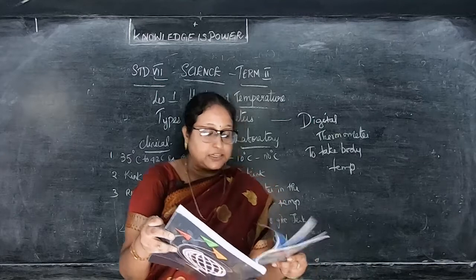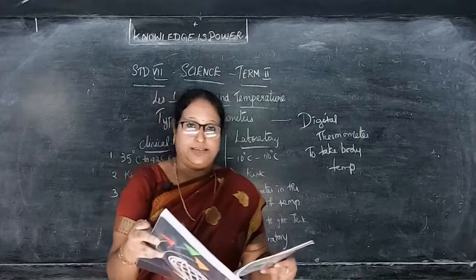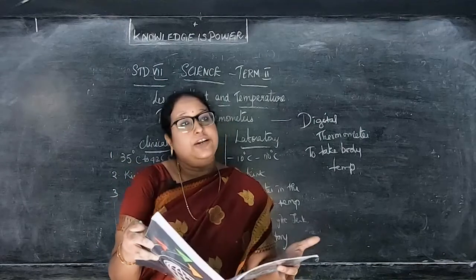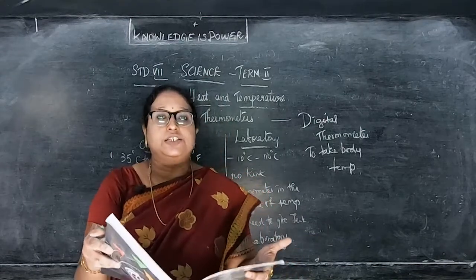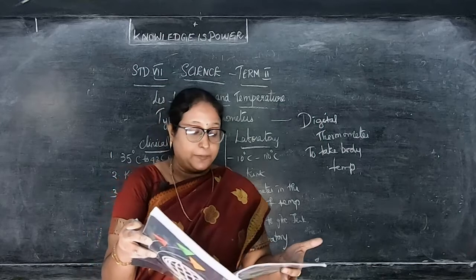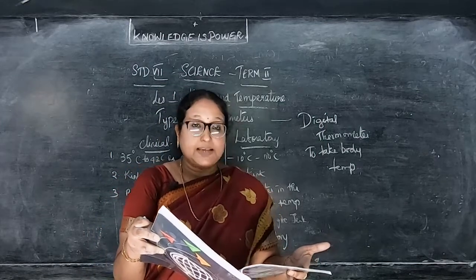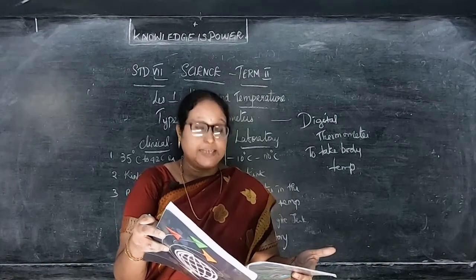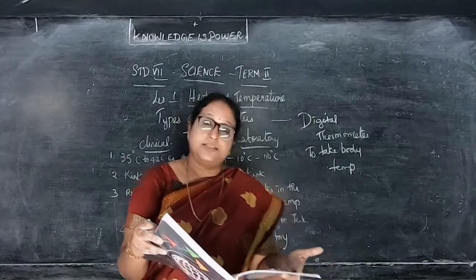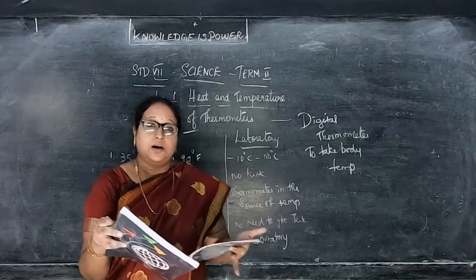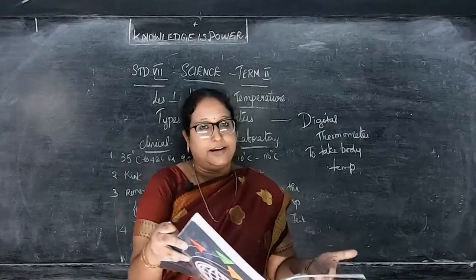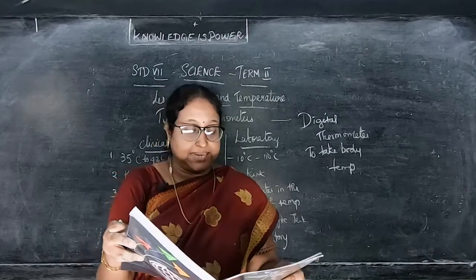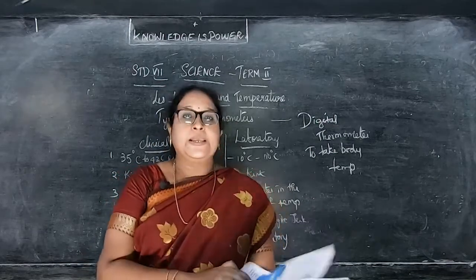So before the Celsius scale was given, the name centigrade was used for the thermometer. Now it is known as the Celsius scale, 0 degrees Celsius for the freezing point and 100 degrees Celsius for the boiling point of water. In Latin, centum means 100 and gradus means steps. Both words combined make centigrade, and later it was called Celsius.